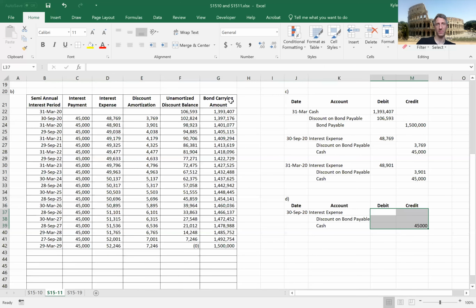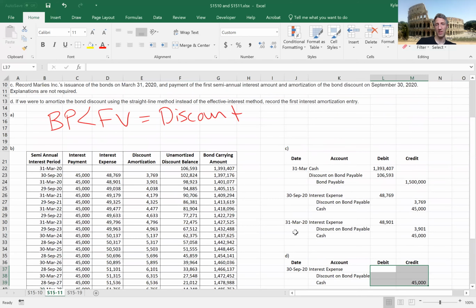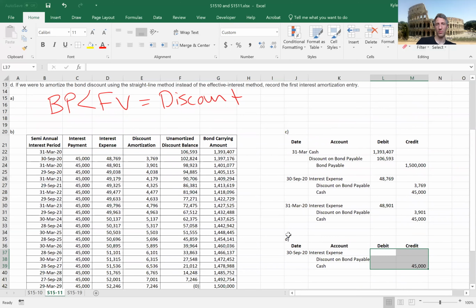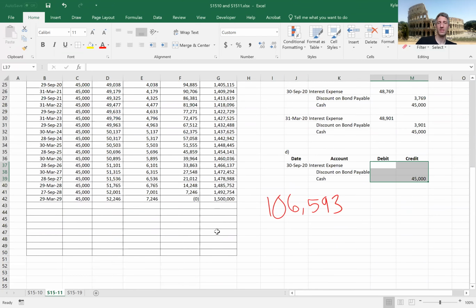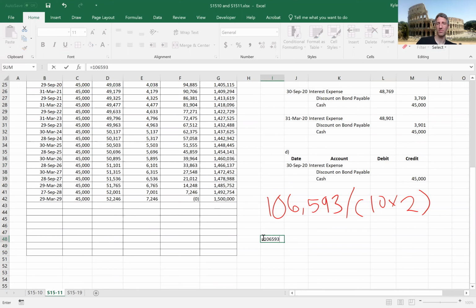That's not going to change. In order to do this calculation, it's just going to be a constant rate. So the overall discount on bond payable was 106,593. Now, this is a 10-year bond, but interest is paid semi-annually, so divided by 10 multiplied by 2 is going to be 20. So 106,593 divided by 20 is going to be 5,329.